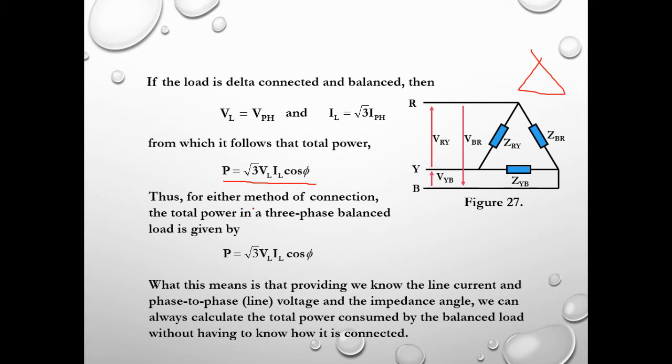Thus for either method of connection, whether it is delta or star, the total power in the three-phase balanced load is given by P equal to square root 3 VL IL cos theta. This means that providing we know the line current, the phase-to-phase line voltage, and the impedance, we can always calculate the total power consumed by the balanced load without having to know how it is connected.